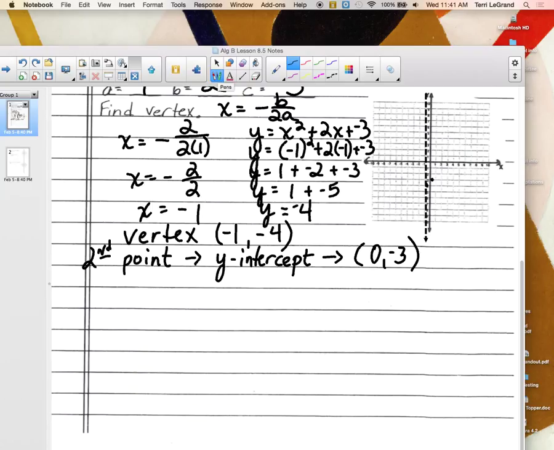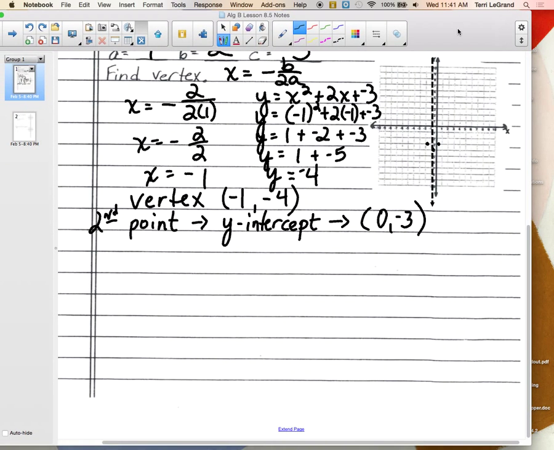And then how do we get our third point? Reflection. We reflect that point, don't we? This one's 1 unit away from our axis of symmetry. So we go 1 unit on the other side of the axis of symmetry, and we have our third point. And then now we are going to get our fourth point. We have to pick an x value that has not been used.